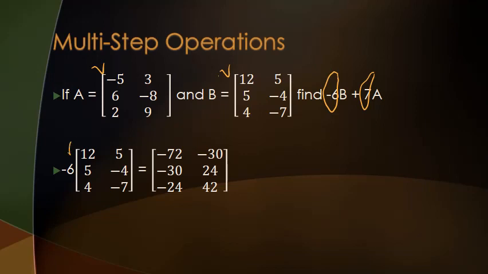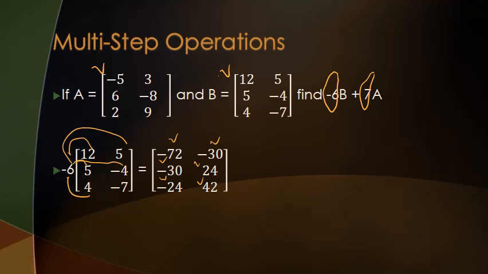But here I go. -6 times 12 is going to give me -72, and -6 times 5 is going to give me -30, and -6 times 5 also going to give me -30, and -6 times -4, well, that's going to give me +24, and -6 times 4 is going to give me -24, and -6 times -7 is going to give me +42. So we have multiplied matrix B by the scalar -6.